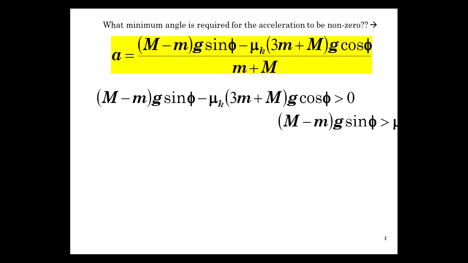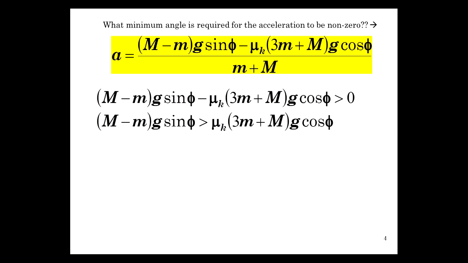This is pretty easy to manipulate, and we see that the left side has to be greater than the right side. So what it looks like it's trying to do is first of all have g go away. So let's make g go away. And then we see a sine of phi and cosine of phi on the other side. So we can divide those.